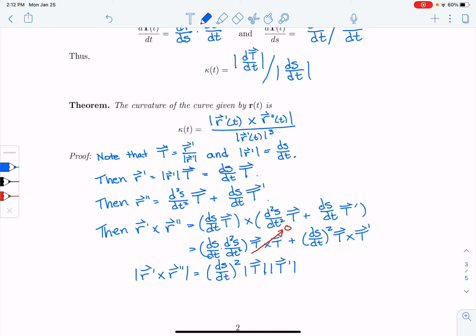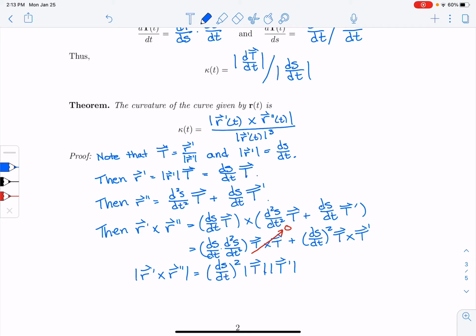There's supposed to be a sine theta there, but these two vectors, T and T prime, are going to be perpendicular to each other, so that sine theta is going to be 1.